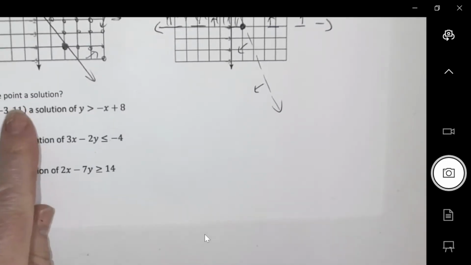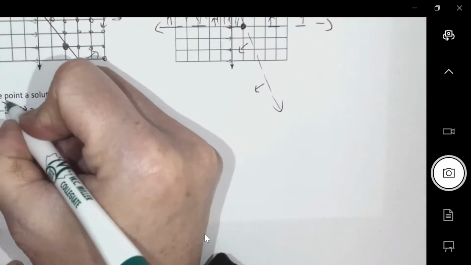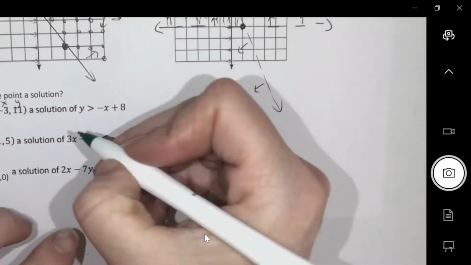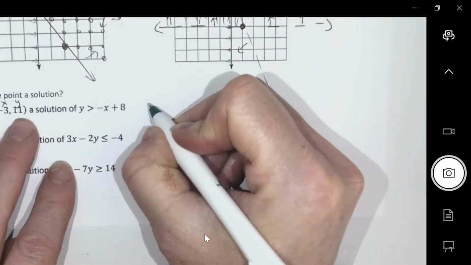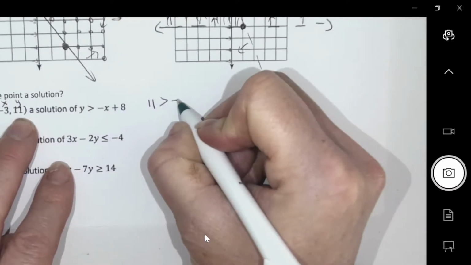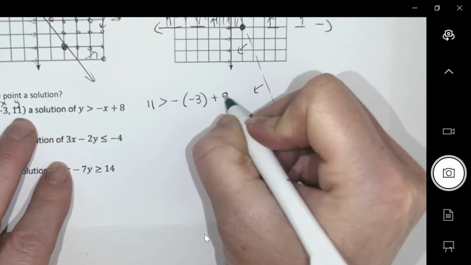Okay, is this point a solution to this? Okay, so when we talk about coordinate points, do we understand x is first, y is second? So I'm going to replace. So 11 greater than negative 3 plus 8.